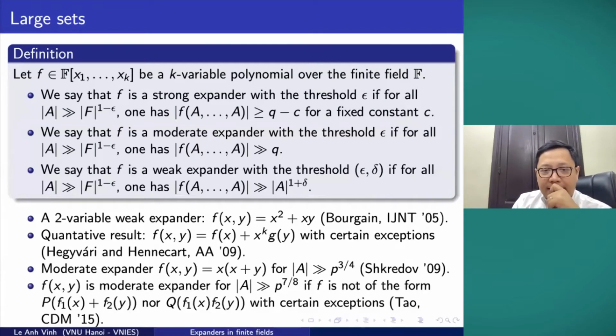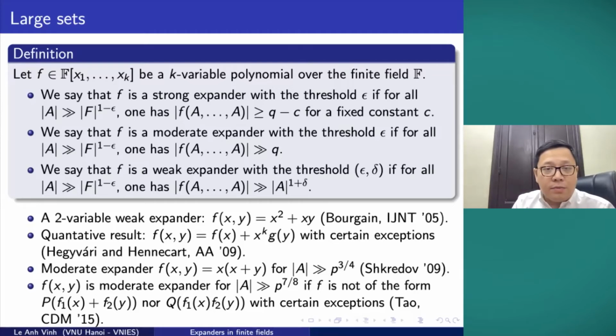And it can be extended to most two-variable expanders, and the result is given by Tao in 2015. f(x,y) is a moderate expander if f is not of the form with additive or multiplicative structure. Again, for most cases, if the polynomial is not of that form, with an additive or multiplicative structure, it is expected that f will have the expander property.